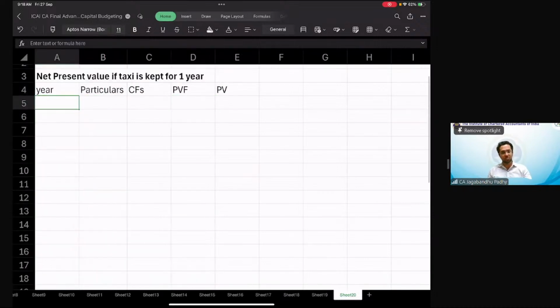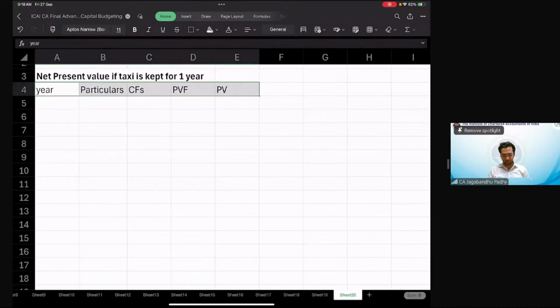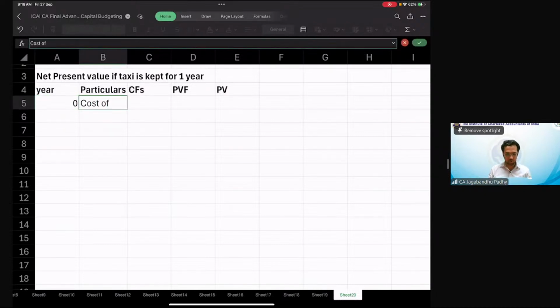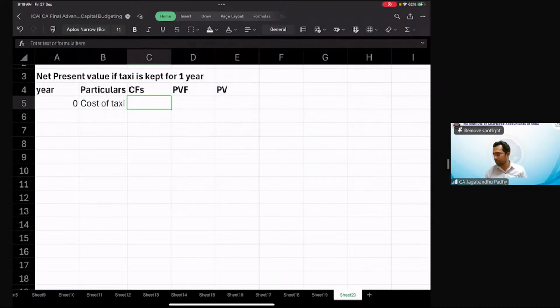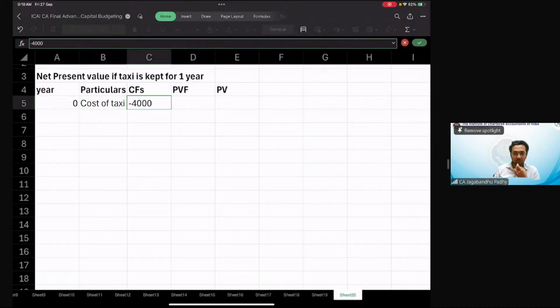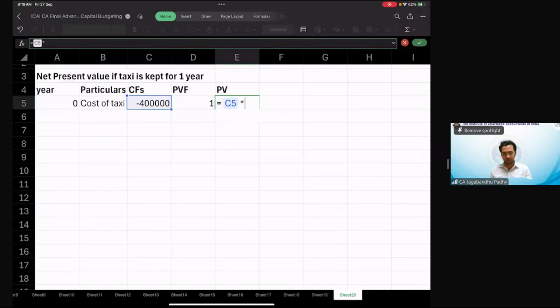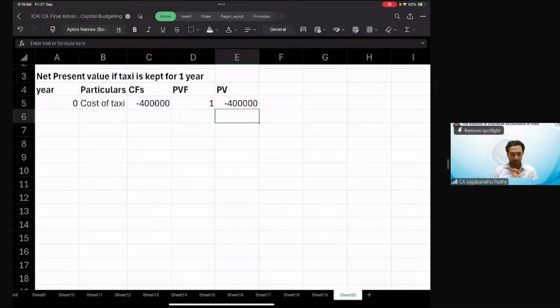Now, if you're going to keep the taxi for just 1 year, in the 0th year, we are going to buy the taxi, right? So the cost of taxi is basically 4 lakh, and of course, the PV factor will be 1. So PV will be minus 4 lakh into 1.